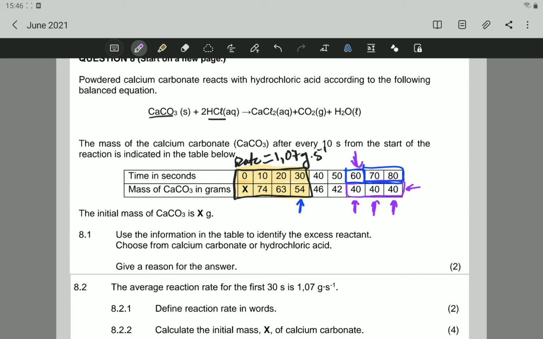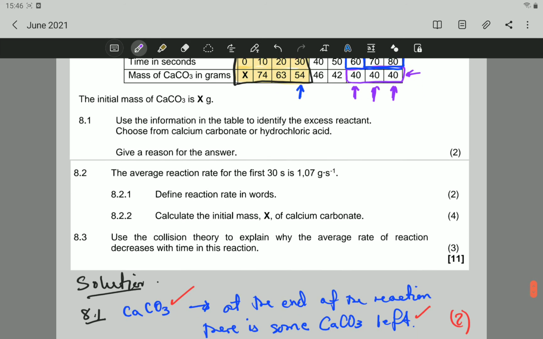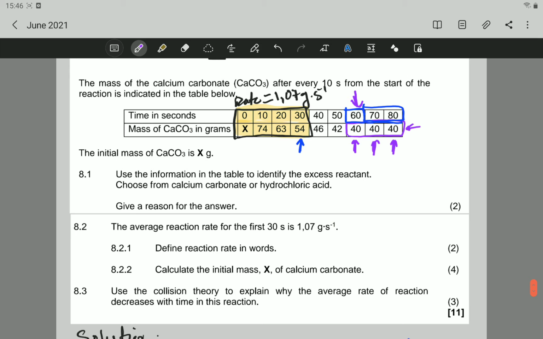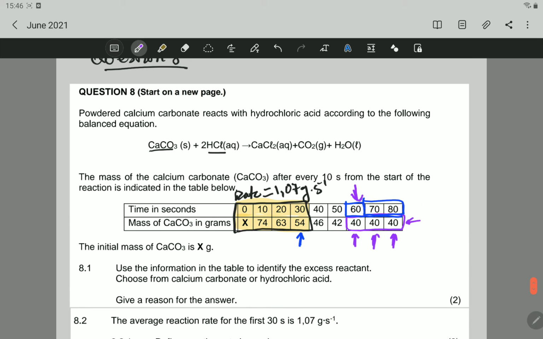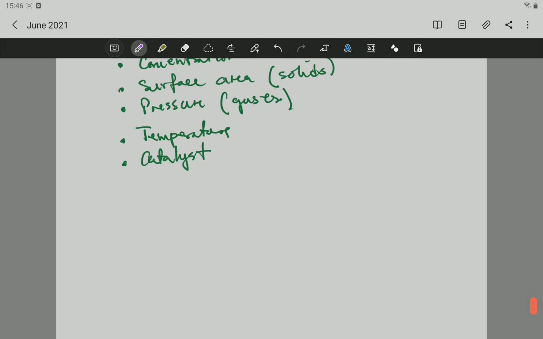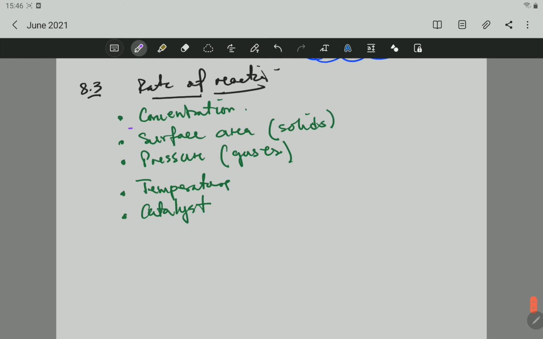Now, here, what is happening as time passes? The concentration of the hydrochloric acid is becoming less because it's being used up. So the concentration is the factor that is being decreased here. This is the factor we are going to deal with in this question.